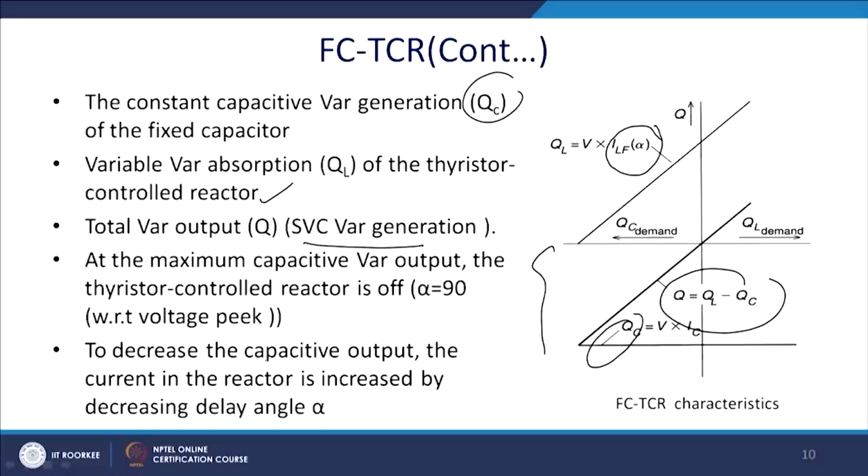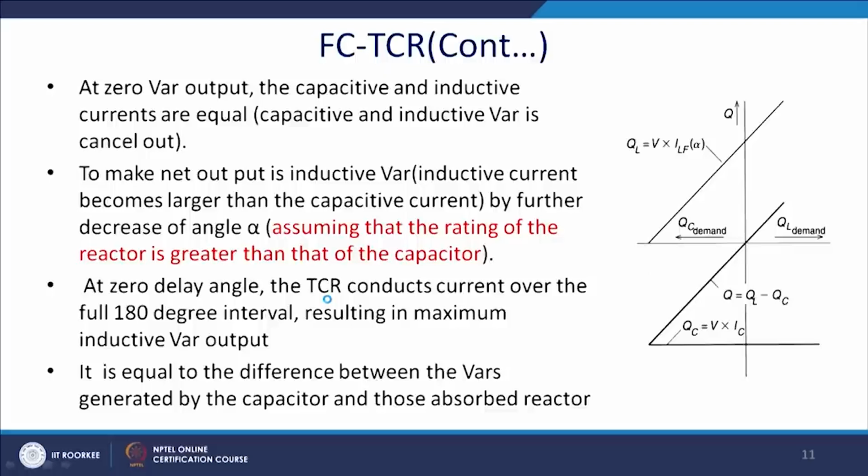To decrease the capacitor output, the current of the reactor is increased by decreasing the delay angle alpha. So, accordingly this value of QL will change. The maximum capacitive VAR occurs when alpha equals 90 degrees. So, that will be at the peak voltage. This is one of the instants at which the TCR is triggered. At 0 VAR output, this is one of the challenges, the capacitive and the inductive currents are equal and they are high also.